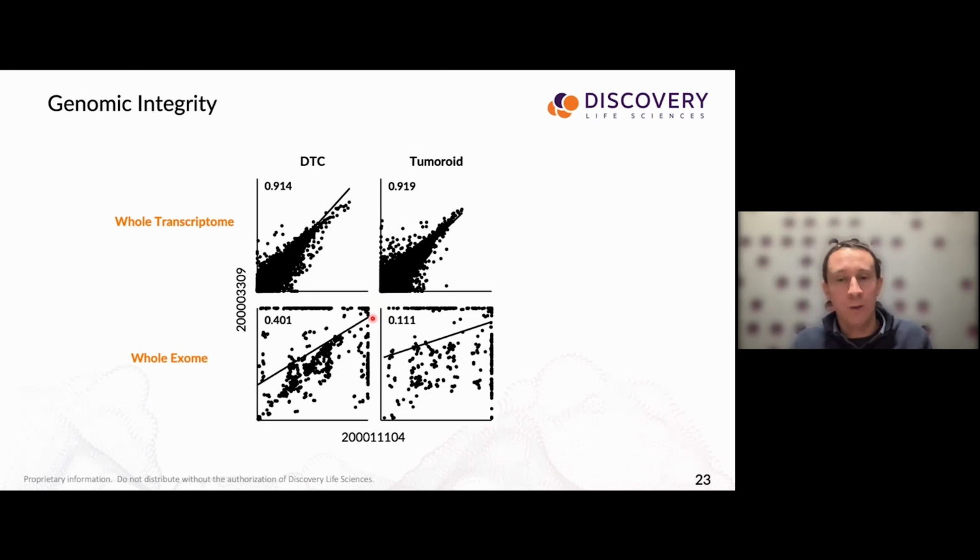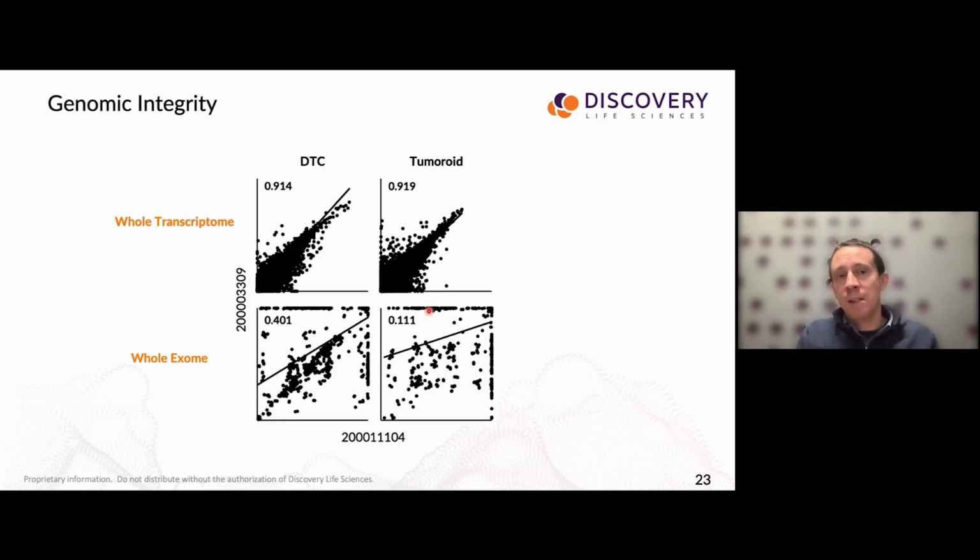The R-squared values are not correlative at all. And in fact, most of the unique mutations were present either only in one or the other of the tumoroids. There were some, but not a lot in both. So the tumoroids are genetically distinct and not related to each other at all.